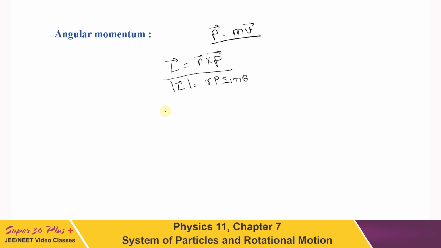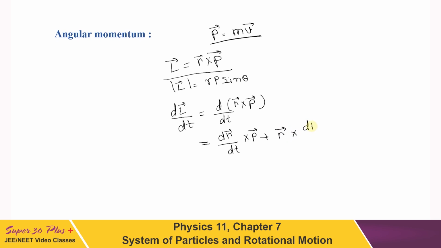Now to get the torque, we can write dL by dt, because this is the definition of torque. Torque can be defined as the rate of change of angular momentum. So if I differentiate angular momentum with respect to time, that will be d by dt of r cross p, and it will produce dr by dt cross p plus r cross dp by dt.